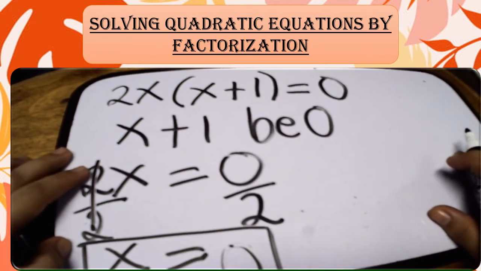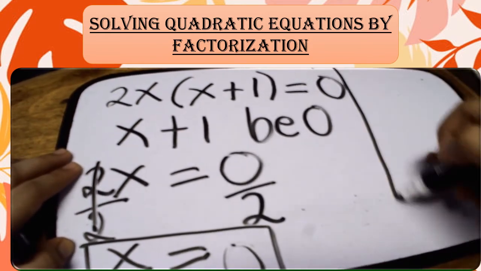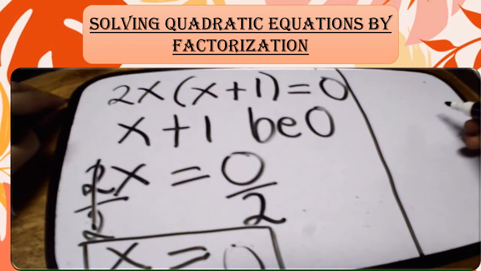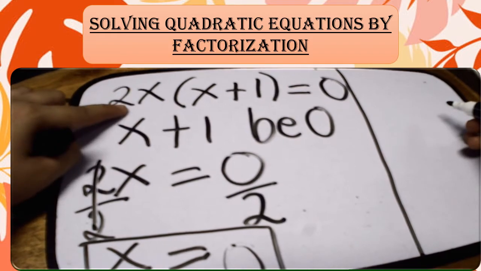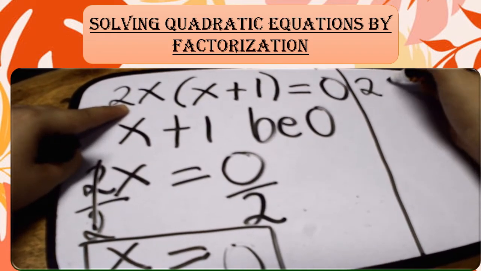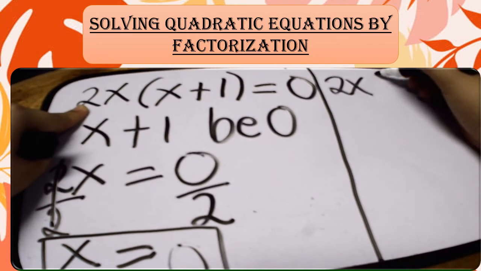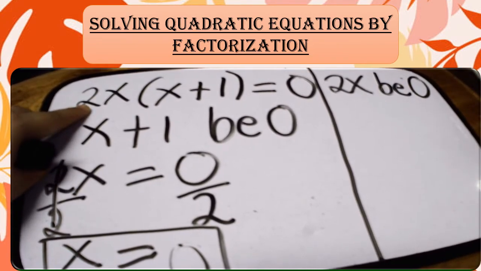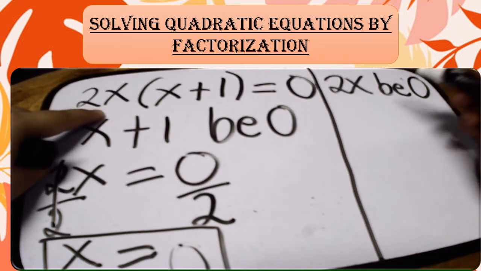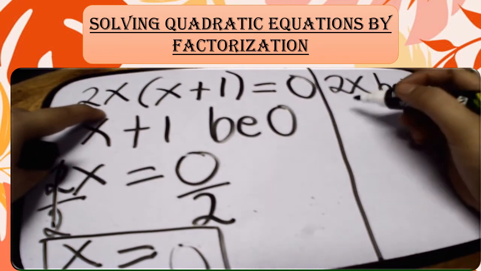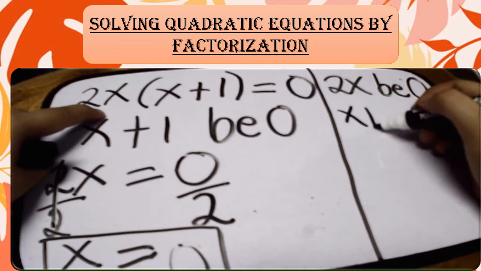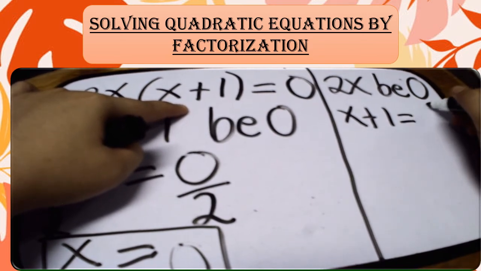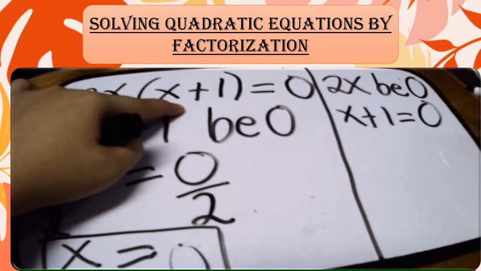Next, let's have the second one, which is x plus 1. To get the value of x plus 1, let 2x be 0. Since 2x doesn't have any value, let's copy x plus 1. x plus 1 is equal to 0.